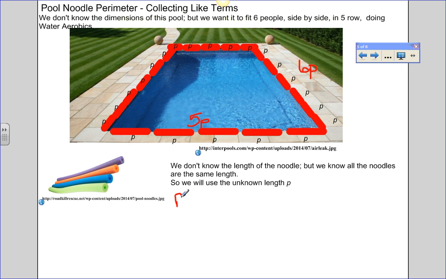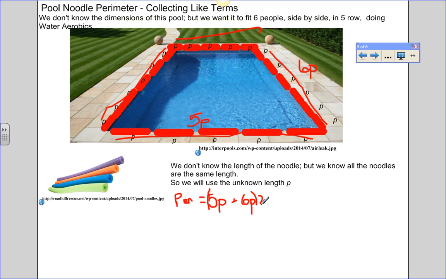So the perimeter is going to be equal to adding the width of 5 P's plus the length of 6 P's, and then I actually need to do that twice because I have this width and I have the width back here, and I have this length of 6P, and I have this length 6P over here. So I'm going to multiply all of that by 2.